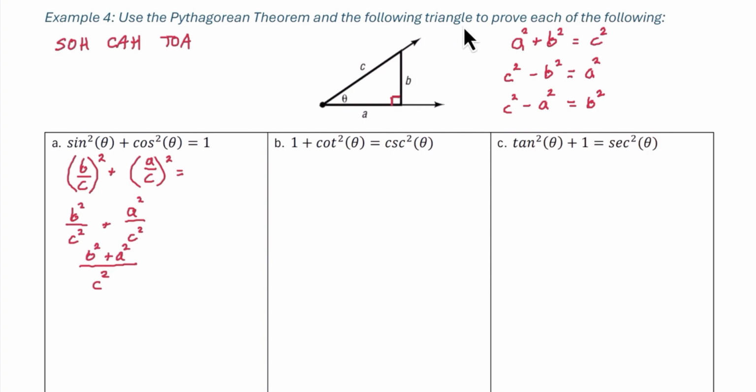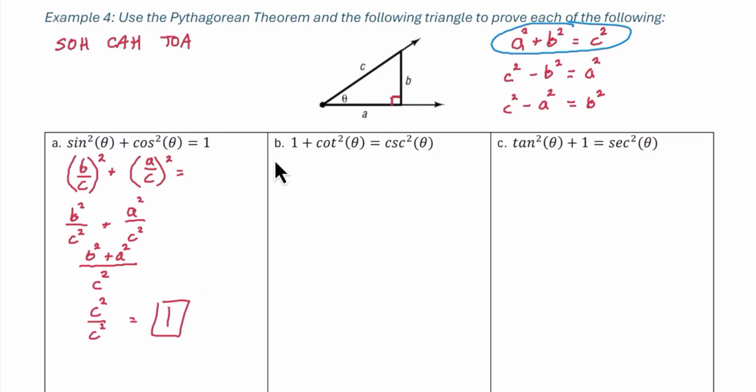And recall what we set up here. A squared plus b squared is c squared. So let's replace that numerator, b squared plus a squared, with c squared. C squared divided by c squared is 1. So we've proven that sine squared theta plus cosine squared theta is indeed 1.